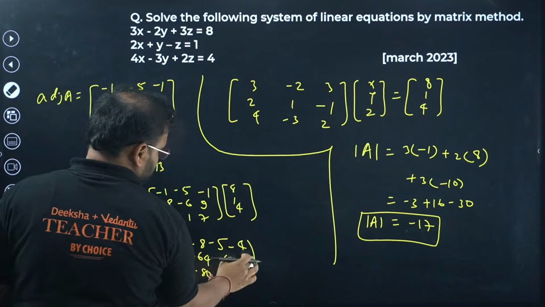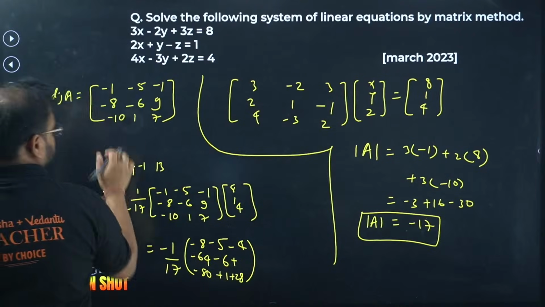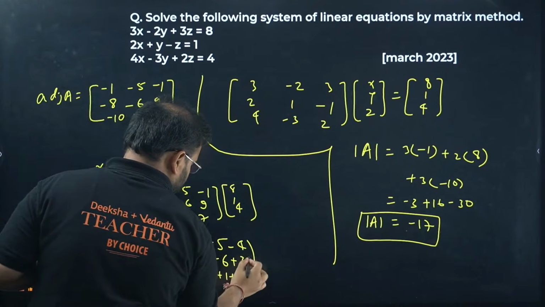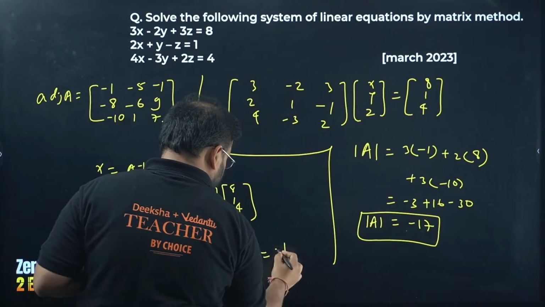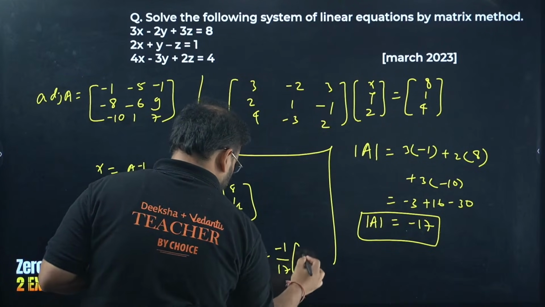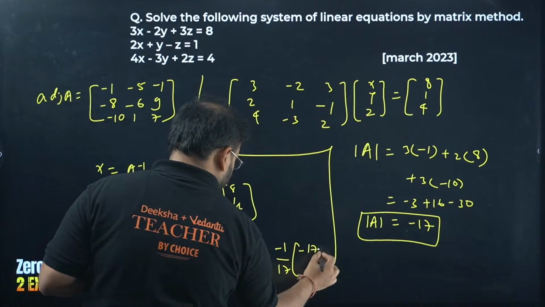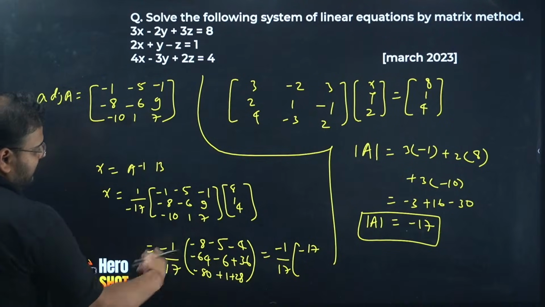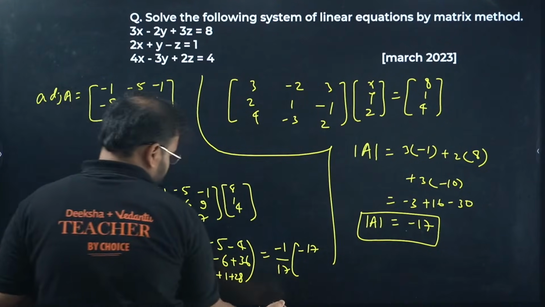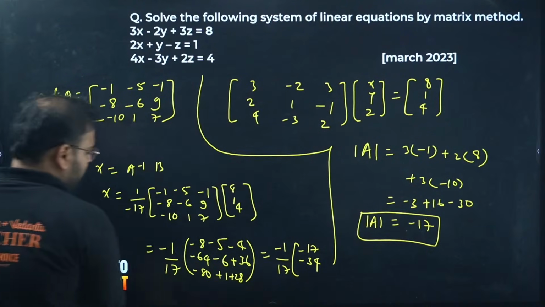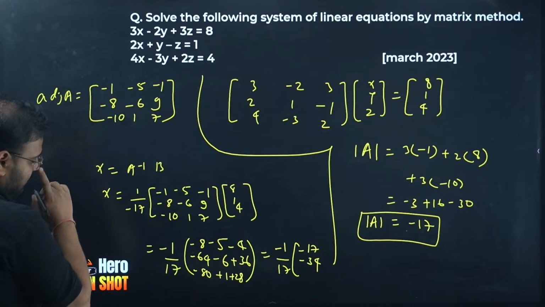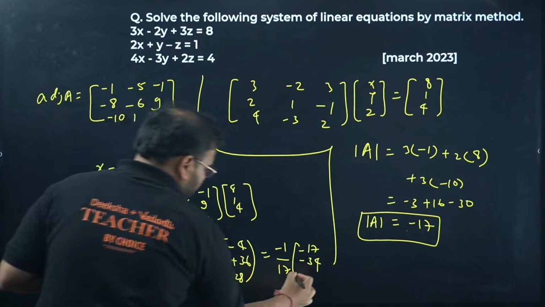So the value that we have is minus 1 by 17 into minus 17, then 34, so minus 34, and over here minus 51.